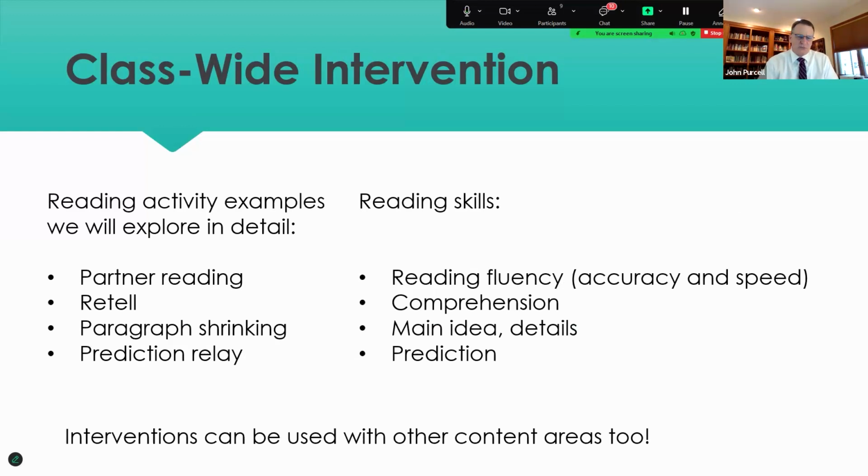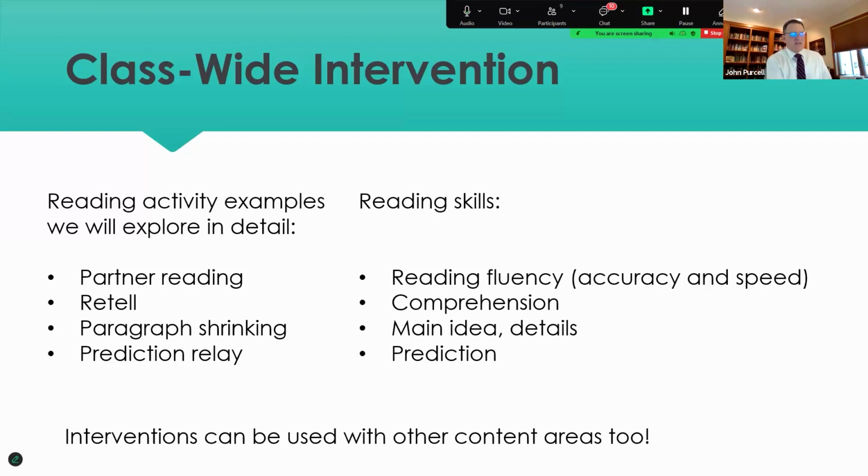We have to make sure, as we're providing additional support to students, we're looking at the ability to decode and rapid word recognition to get to that fluency. So we still have those fundamental steps of rapid letter naming, phonemic awareness, being able to decode multisyllabic words, that leading to reading fluency, and then comprehension.